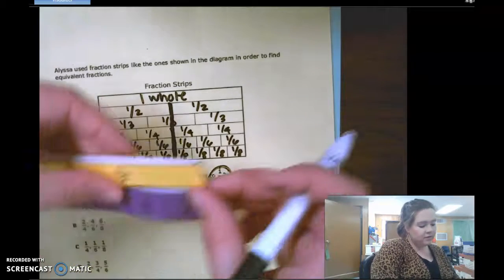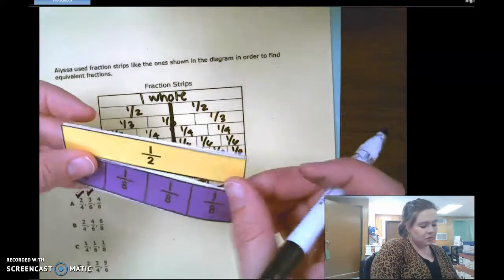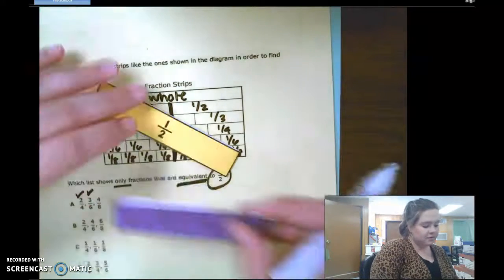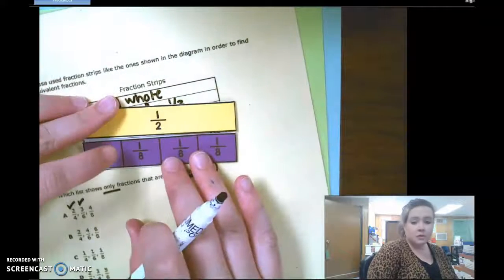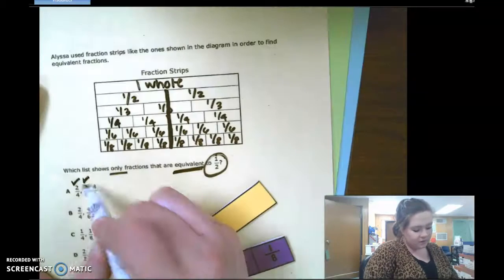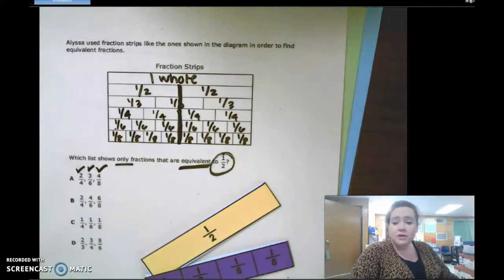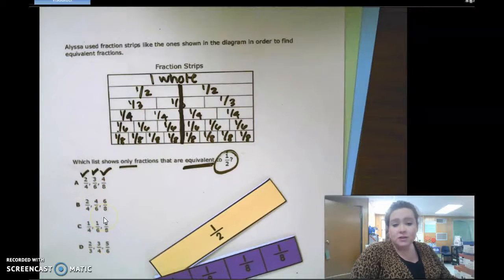Are those equivalent? Yes, they are. Okay, so what I want you to do is check out the rest of these fractions. I want you to tell me what other fractions of these answer choices are equivalent.